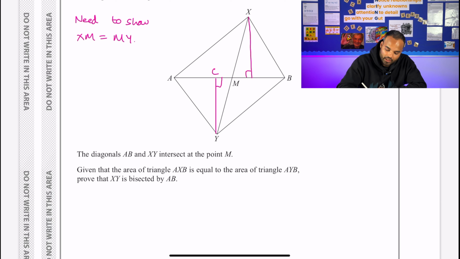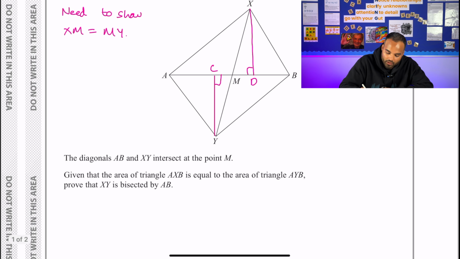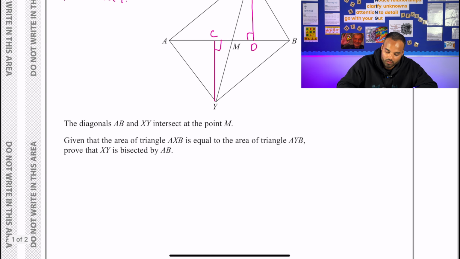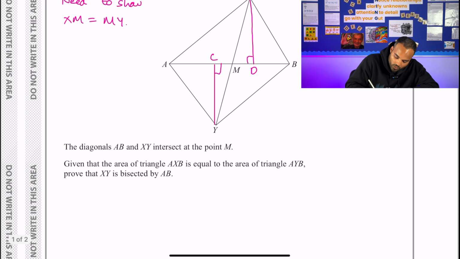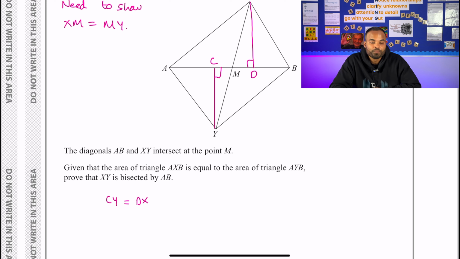I'll call this point D. If you look at these two triangles that I've got drawn here, this right angle triangle CYM and this triangle XDM, CY in this first triangle is going to be the exact same length as DX.